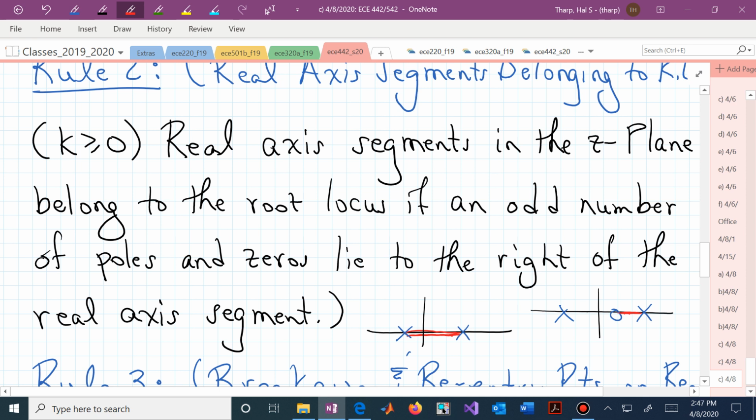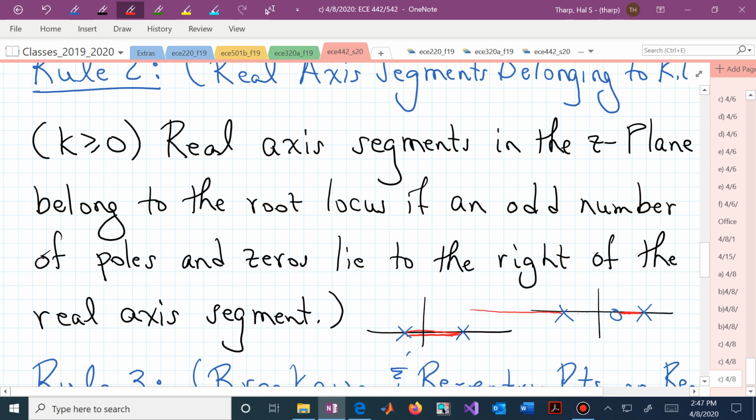What about any point here between the 0 and the pole to the left? Now I have an even number of poles and zeros. I have one pole and 1 0. 1 plus 1 is 2. Last time I checked, that's even. So points between the 0 and that leftmost pole do not belong to the root locus.